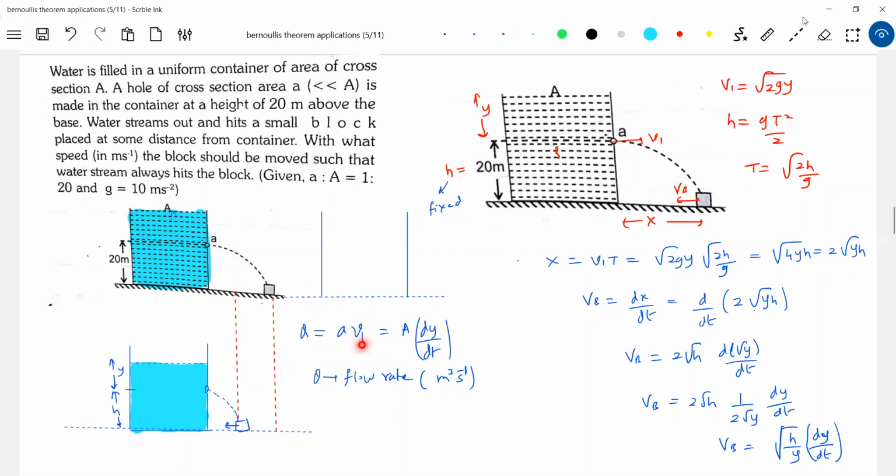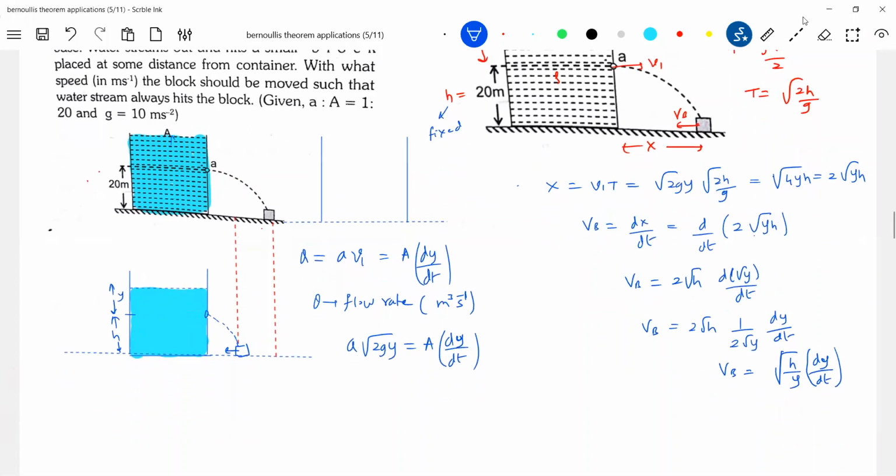So do we know V1? Yes, we have the value of V1. So I'll substitute all this. So this will be a root 2gy equals capital A dy by dt. So this is equation 1.